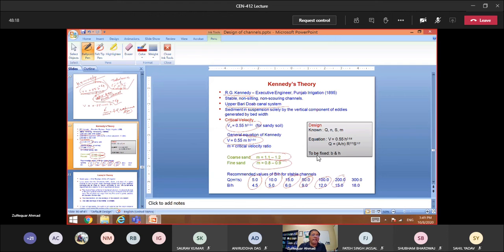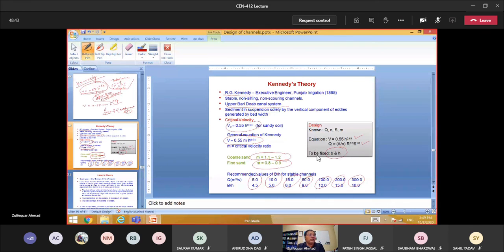So now you can use these two equations and fix the values of B and H. Even though B by H is not given to you, you now have one additional equation in addition to the Manning equation, and you can get the values of B and H.